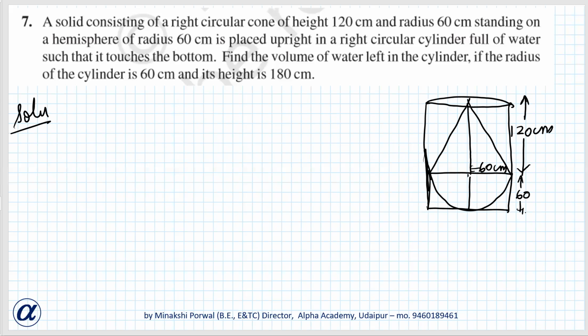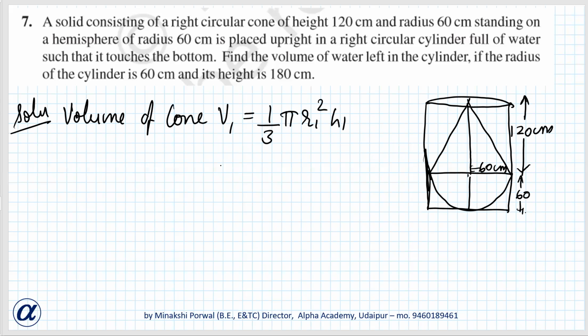Now, first of all, we'll find the volume of the cone. Volume of cone, let it be V1, equals 1 by 3 pi r1 square h1, and we will be finding it in terms of pi only.